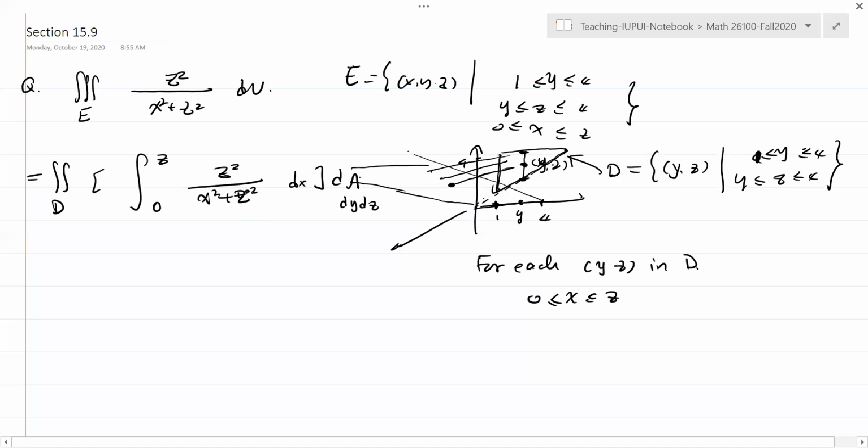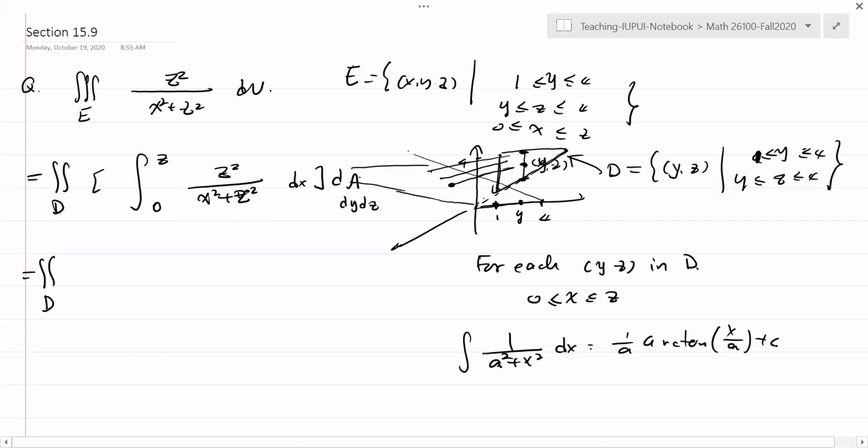So first of all, you have to evaluate this single integral. Now, there's a formula for this integral. You remember, the integral of 1 over a squared plus x squared dx is 1 over a times arctangent of x over a, plus a constant.